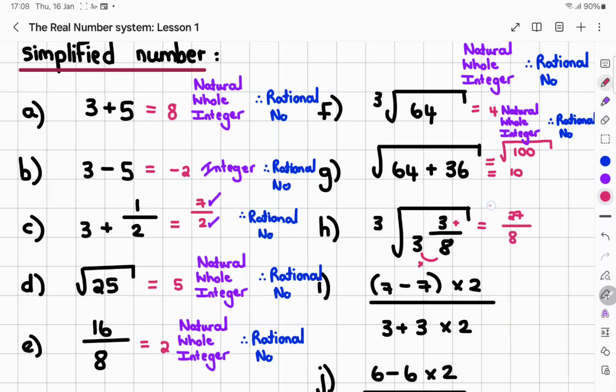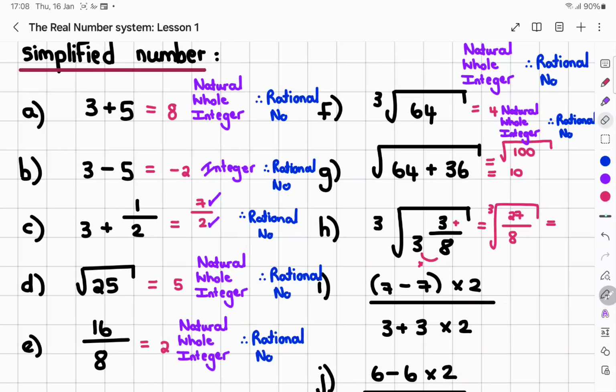And remember, we haven't taken the cube root away yet. We just simplified inside or underneath the cube root. And how that works is we're going to cube root the 27 and cube root the 8 both. You can split it, you don't have to, but what that means is you cube root 27 and you cube root the 8.